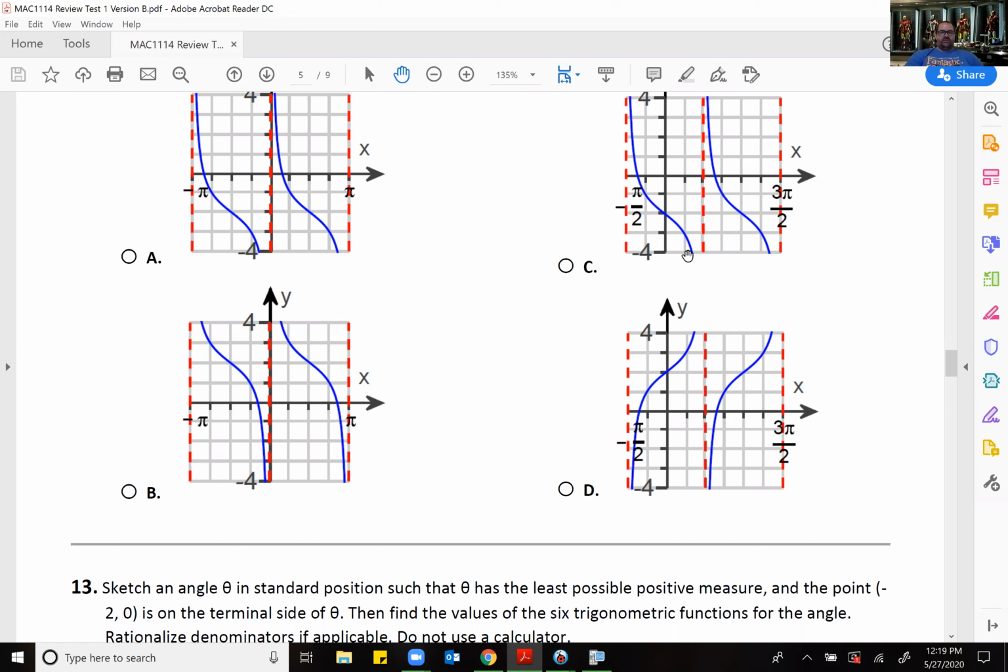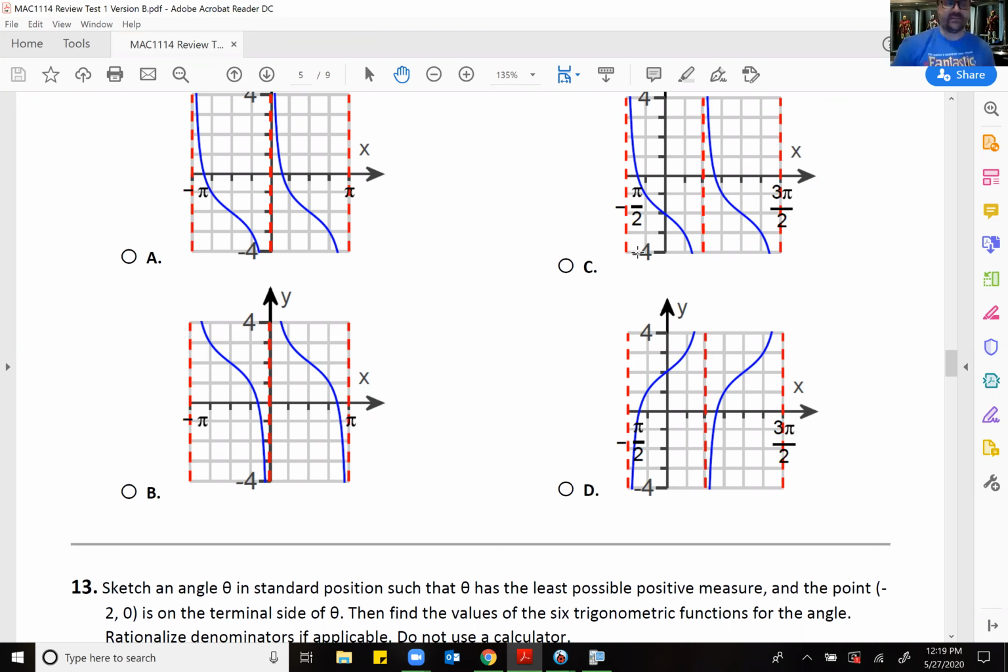And it's going to be C. Okay? C is our graph that we have. Because this is a normal tangent graph that has been moved up 2. This is the tangent graph that has been moved down 2 and reflected.